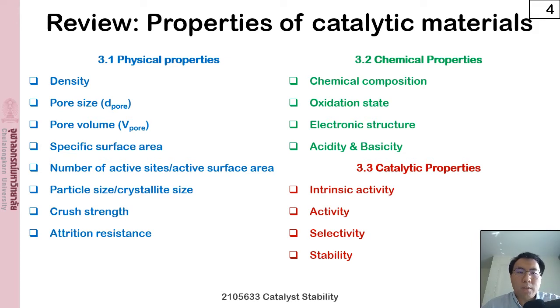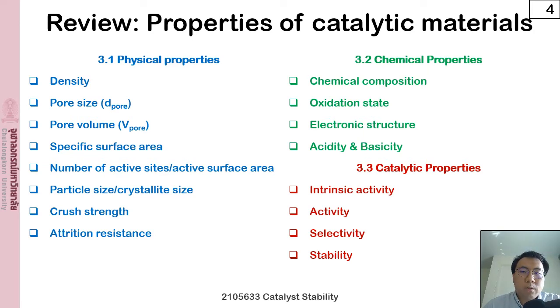During the process, strength and resistance to attrition are important for your catalyst to withstand the incoming flow, if it's high enough that it can crush your catalyst, or even make your catalyst move and crush together, in which case the attrition will make your catalyst become powder, and it will block the process and the equipment next to the reactor. The next one is the chemical properties.